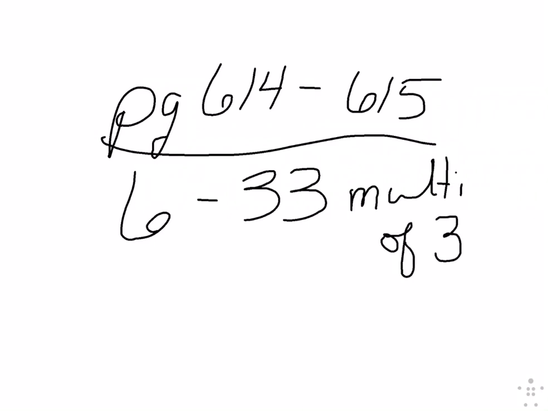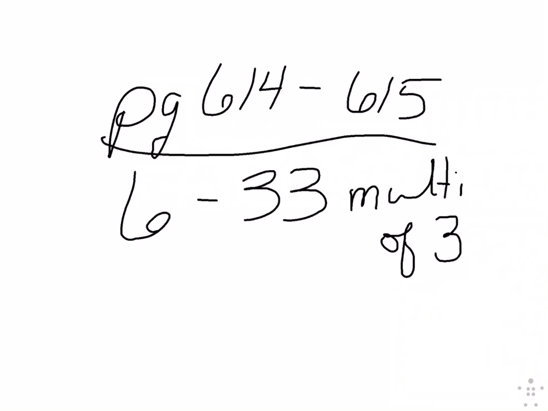So again, you start with 6, then you go to 9, 12, and so on. Now, on number 6, it just says identify the type of sample described. So, is it self-selected? Is it systematic? Is it cluster? You tell me what you think.